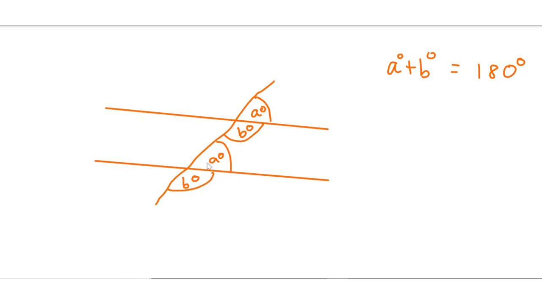Now we know that opposite angles are equal, so this angle's A. Here we have another opposite angle, so this angle's B, and we can do the same up here. So this is opposite B degrees, this is opposite A degrees. So you can see how from just knowing one of the rules we can find all of the other rules.